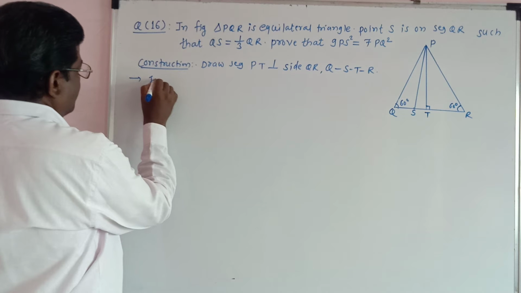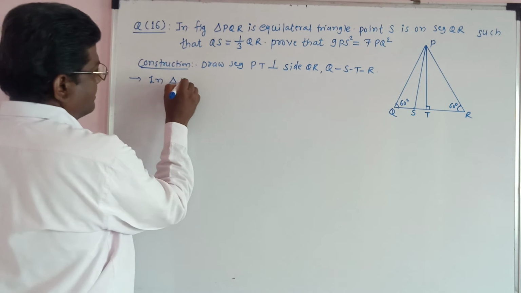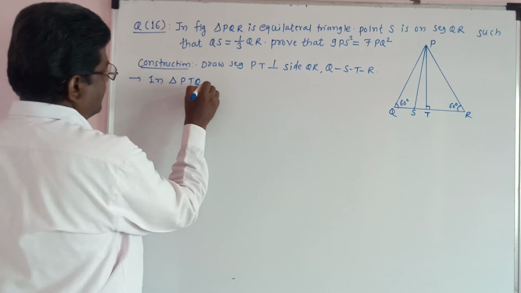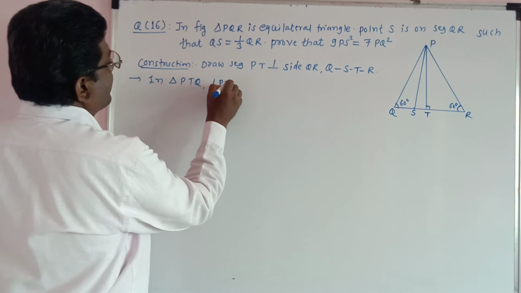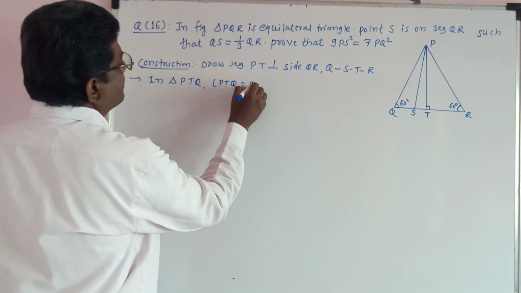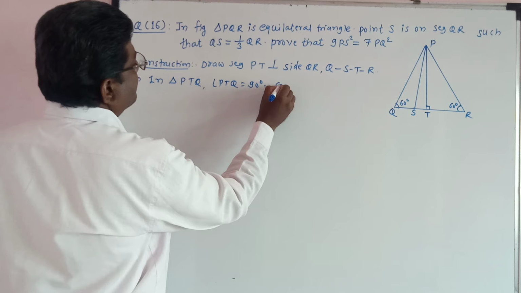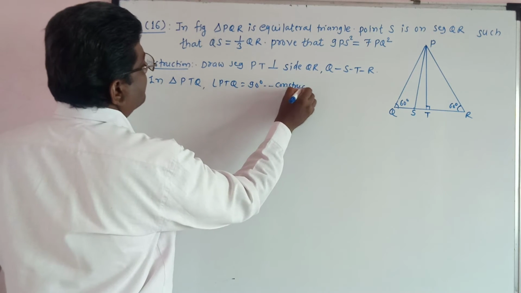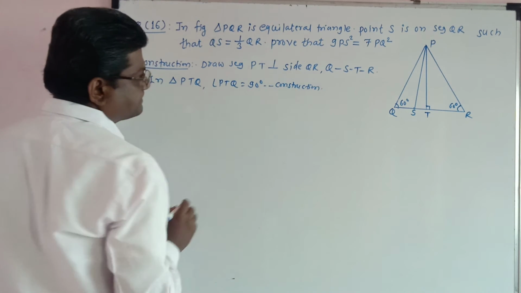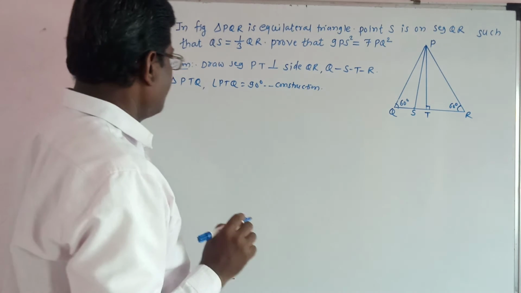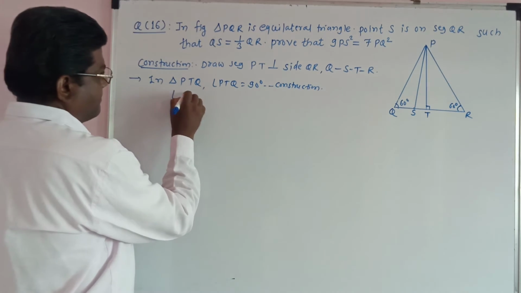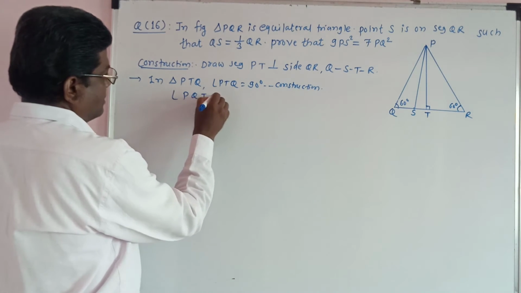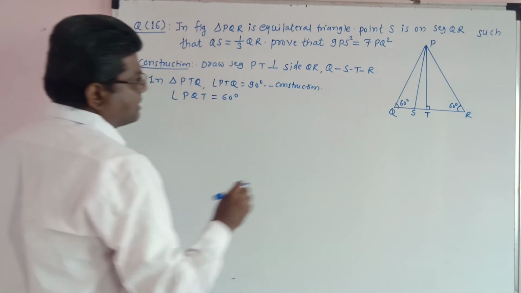So in triangle PTQ, angle PTQ is equal to 90 degree by construction.